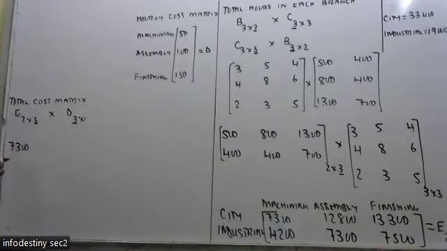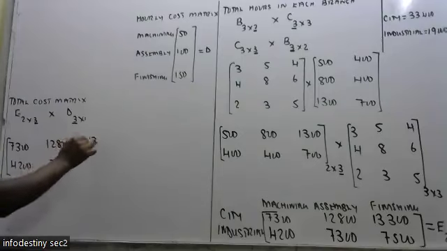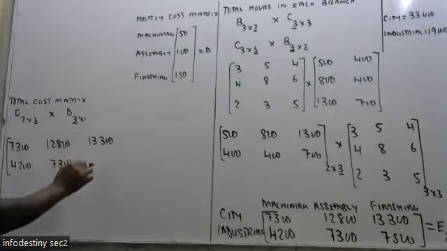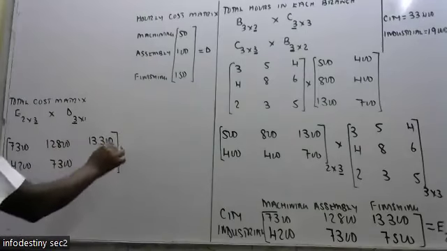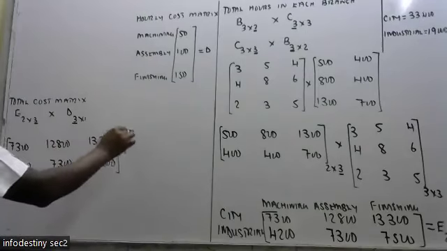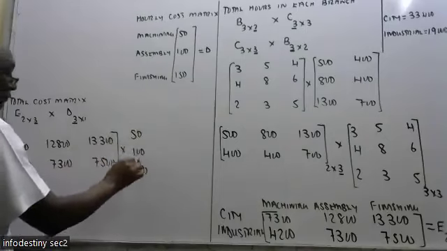So tutaipanga kwa 7,300. This is 4,200. 12,800. 7,300. This is 13,300. 7,500. You multiply 50, 100, and 150.